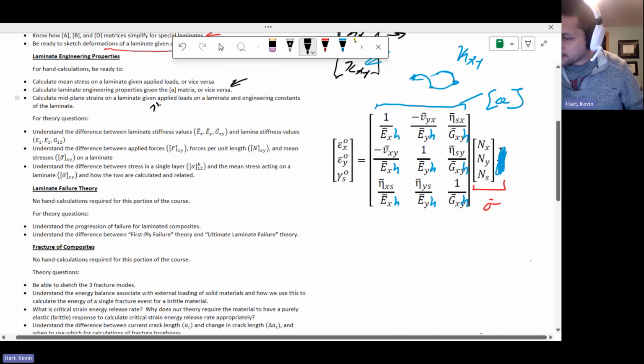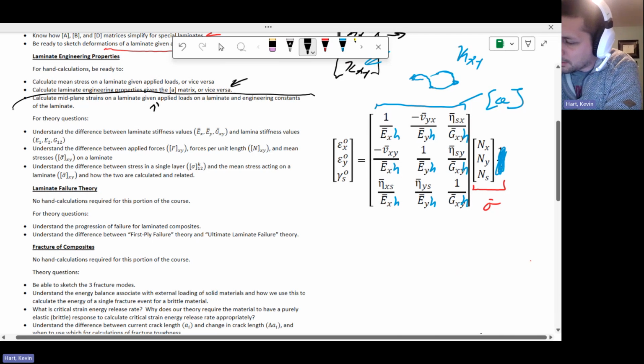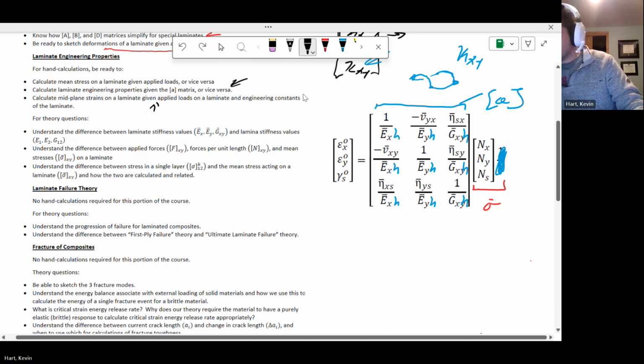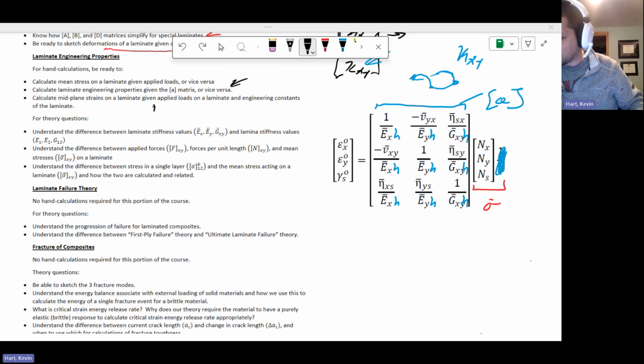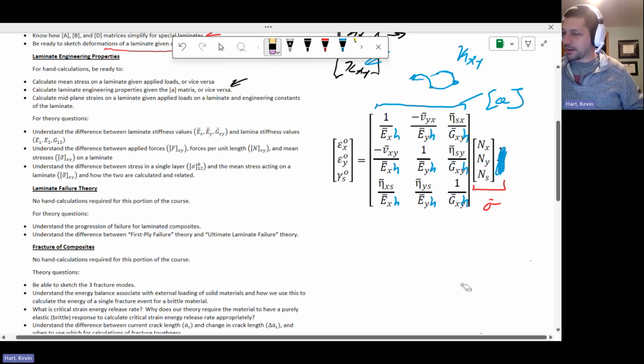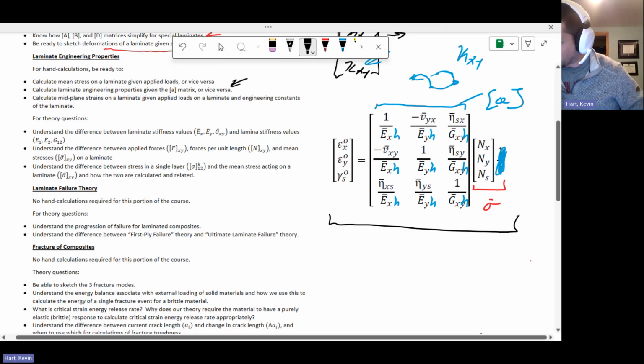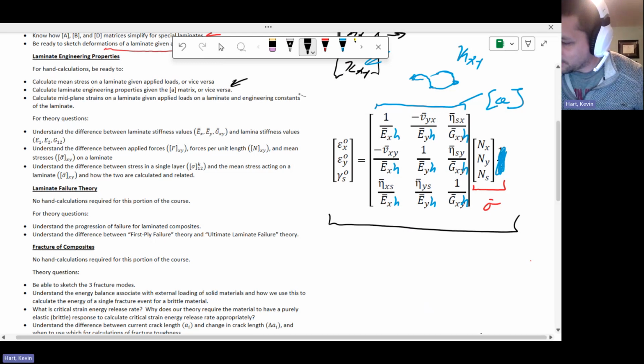Calculate midplane strains on a laminate given applied loads on a laminate and engineering constants of the laminate. So I'm looking at this here. Again, this is just using the equation that you see right here. So that's just applying this equation in a different way. Here now you don't have the little a matrix in this discussion.